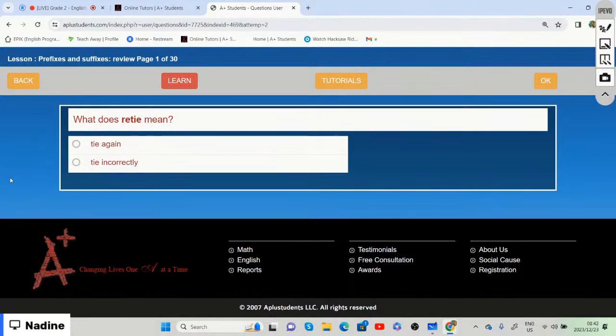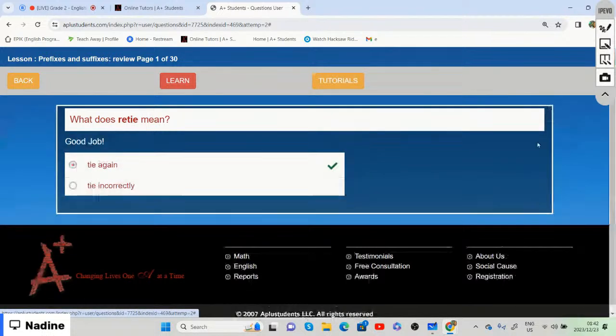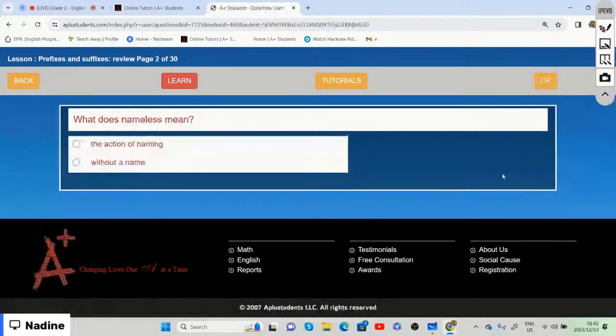All right, so re means again. So if you retie something, that means that we tie again. It's like you're tying it again. So the first option was correct.